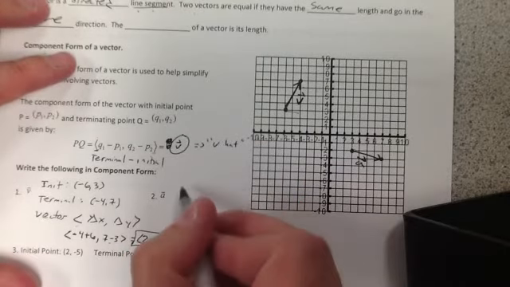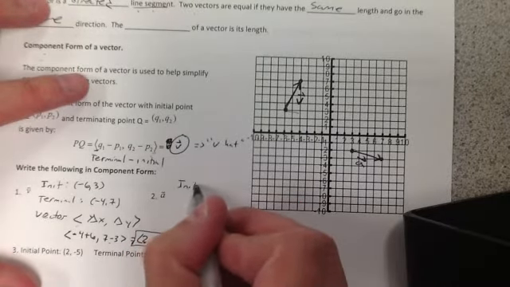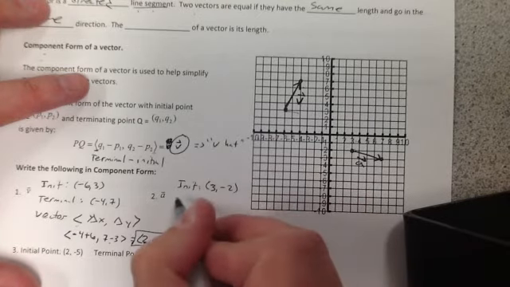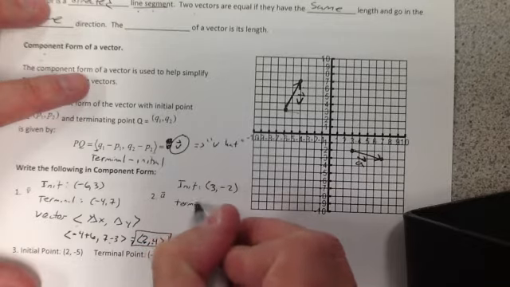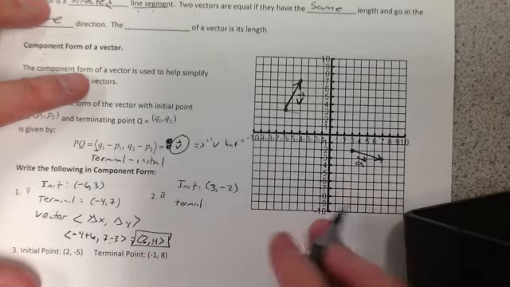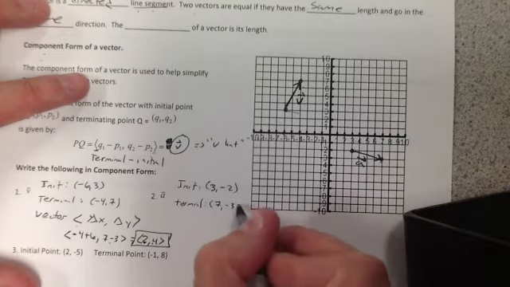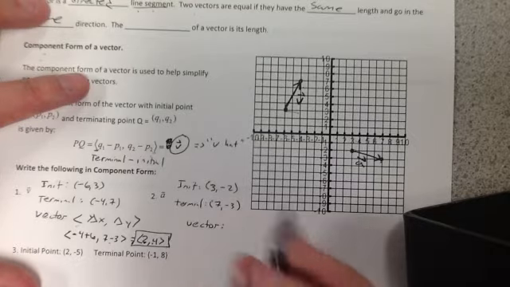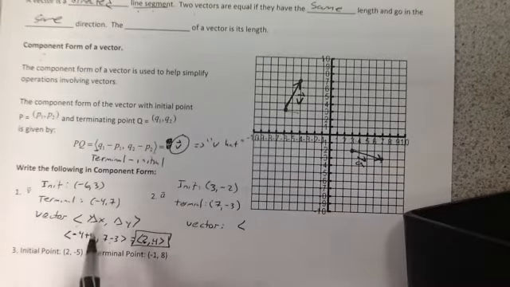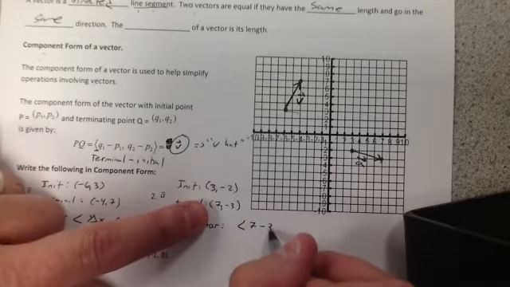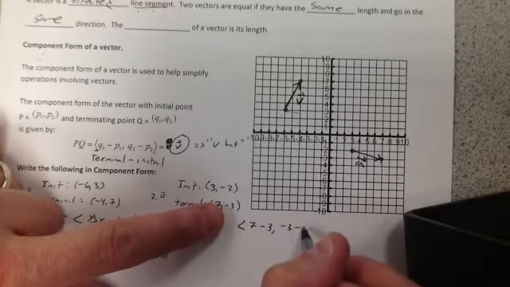To get vector A, I find the initial point. It's at 3, negative 2. Find the terminal. It's at 7, negative 3. So to find the vector, remember, terminal minus initial: 7 minus 3, negative 3 minus a negative 2.